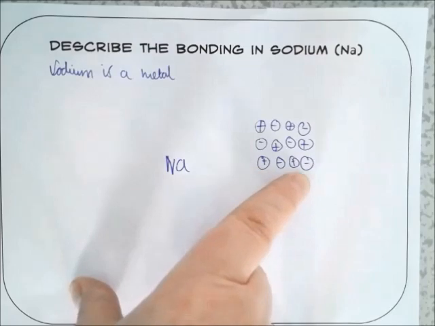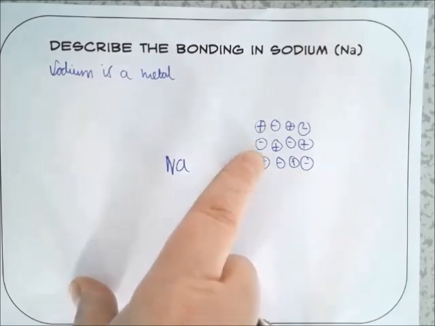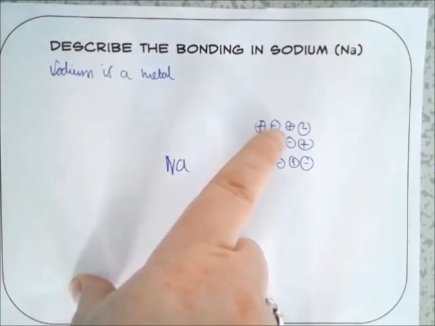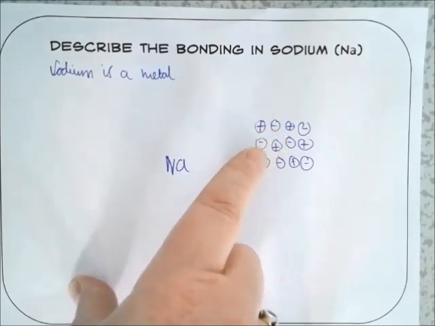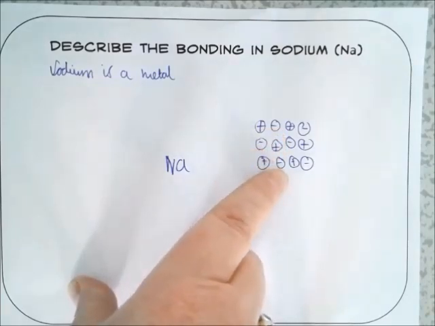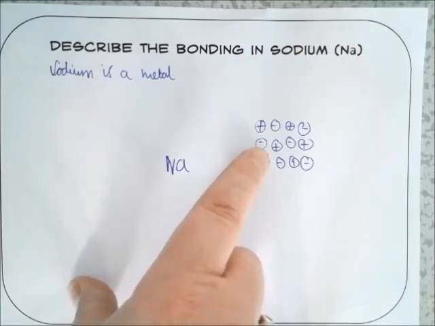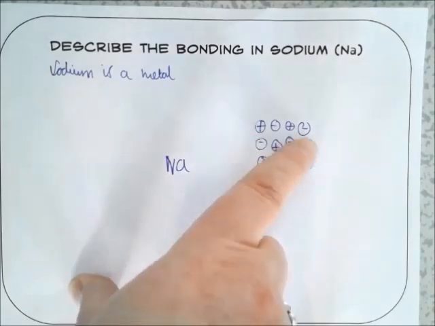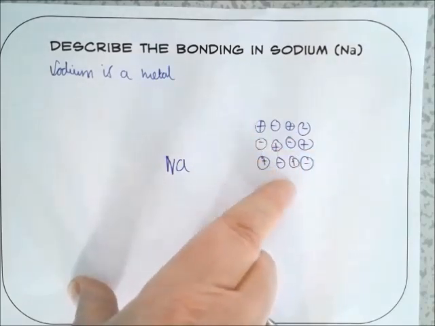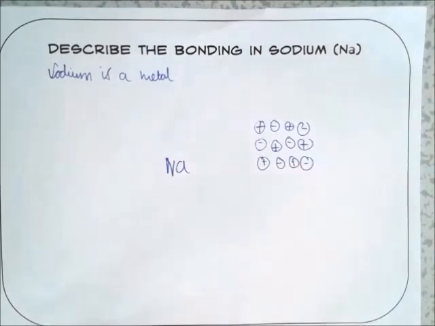But they've also shown some circles with negatives in, showing that there's negative metal ions. Now they've done this because they've remembered that sodium makes positive ions, and they've remembered a different type of bonding that sodium often engages in, where it bonds with a non-metal.